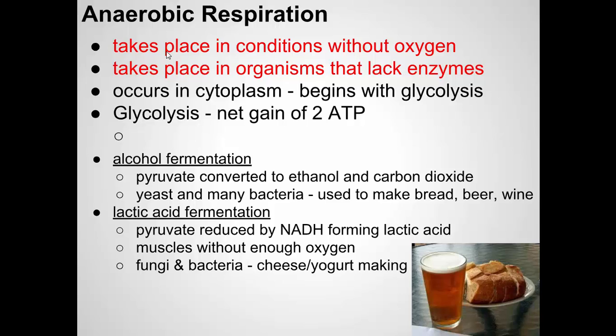In glycolysis, a glucose molecule is split into two smaller molecules. To do that, it actually requires ATP. It needs two ATP molecules to split a glucose molecule into a molecule called pyruvate or pyruvic acid.